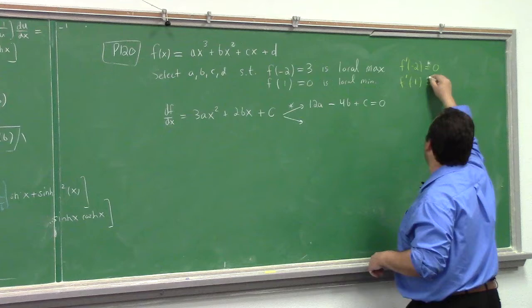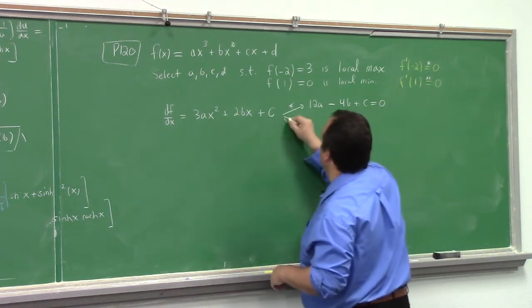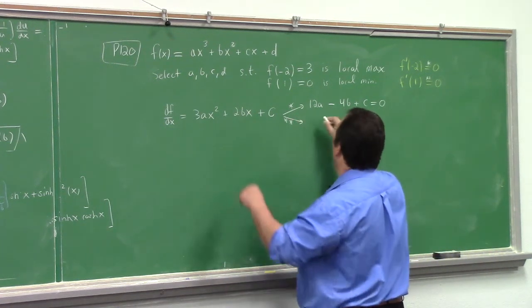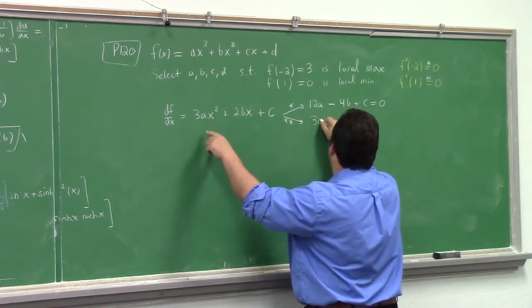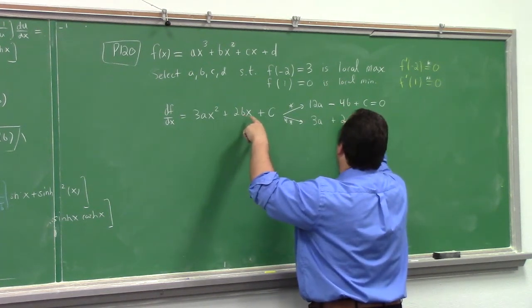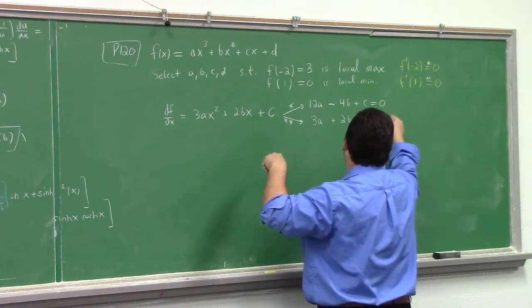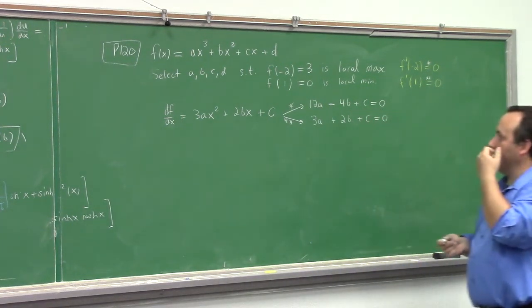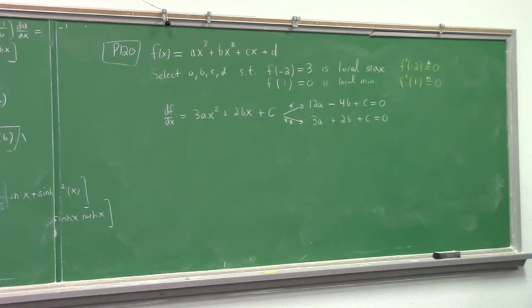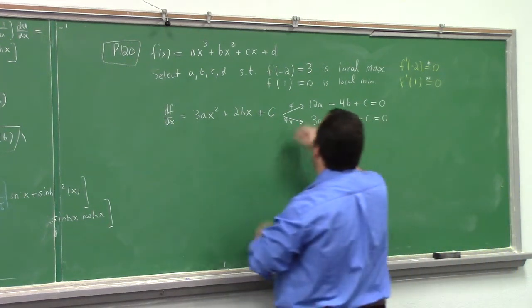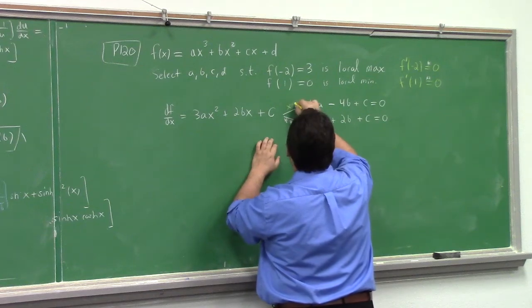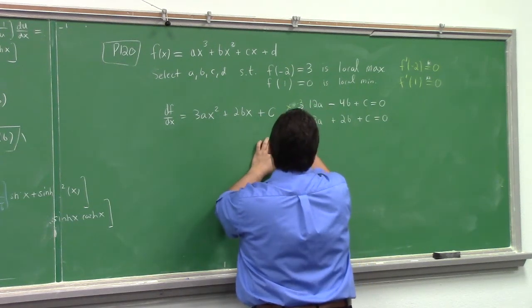And from star star, I get 3a plus 2b plus c equal to 0, all right? That's at x equals minus 2 and x equals 1.